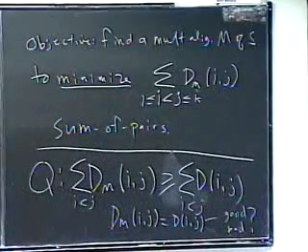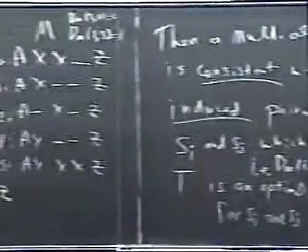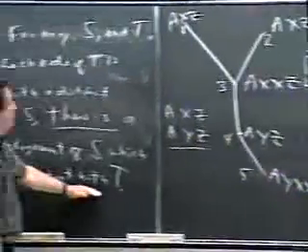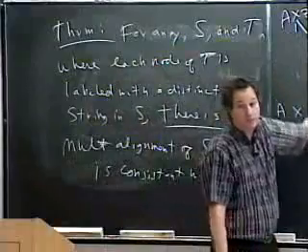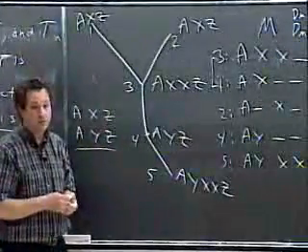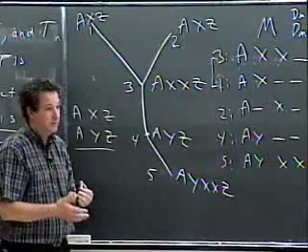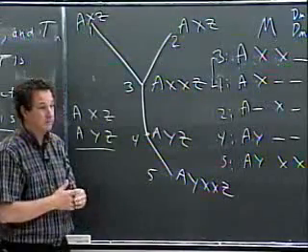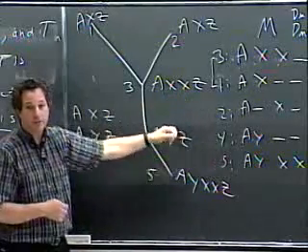There is a multiple alignment which is consistent with T. That means that certain pairs, the pairs that are neighbors in this tree, will have equal dM and d values. But the ones that are not neighbors might not be equal. And in this example, not all are equal; some are unequal. Okay?